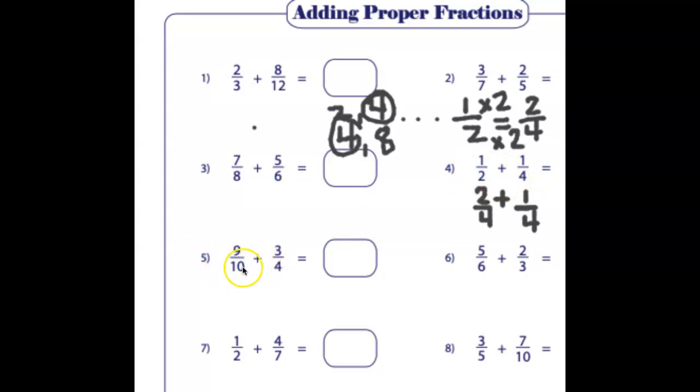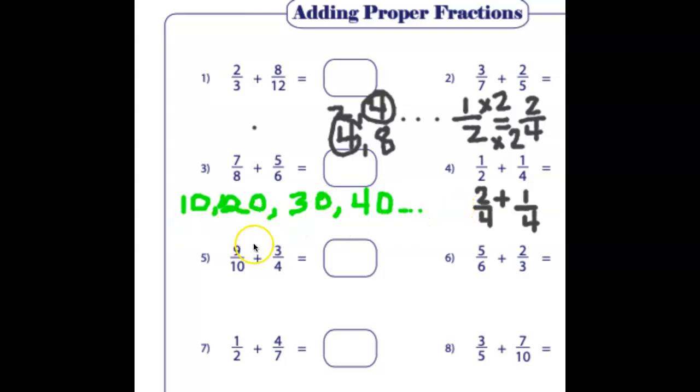If you do 10 times 4, you get 40, which will work, but there's actually a smaller one that will work. If you do the multiples of 10, you get 10, 20, 30, and 40, dot, dot, dot.